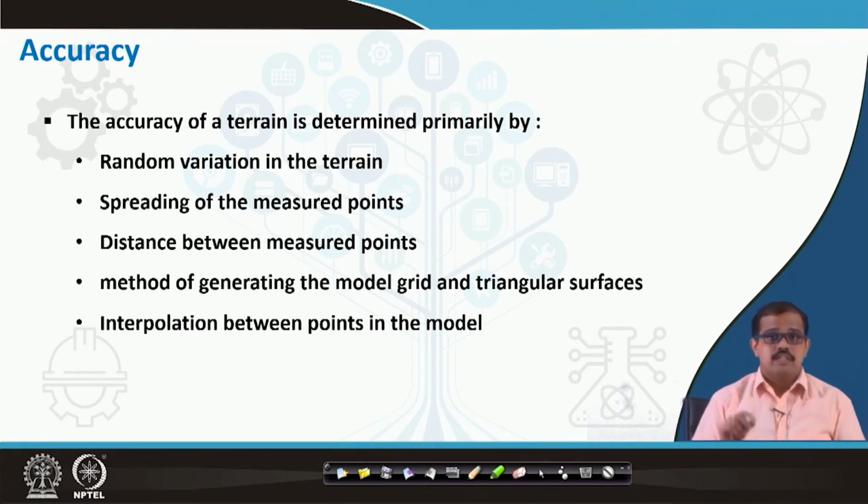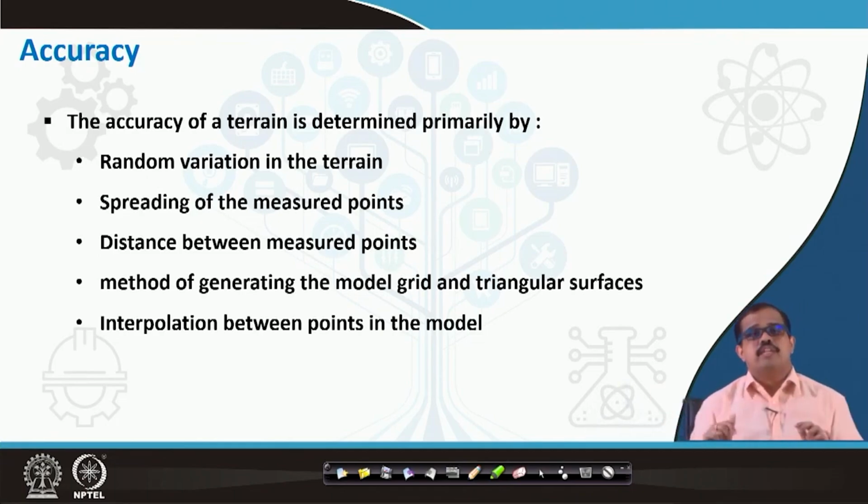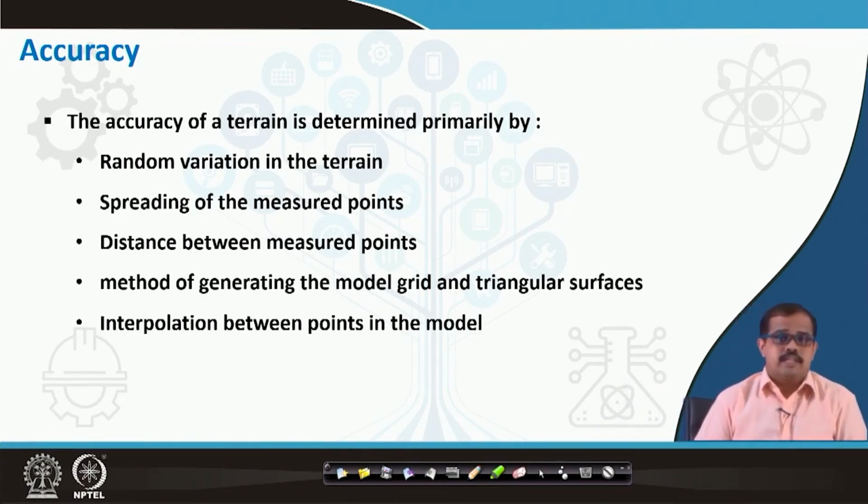That is what people have to look at. You should have a lot of measured points, so that you know how the spreading has happened and you understand the whole terrain. Otherwise you do not know the terrain characteristics at all. Then the distance between the measured points: as I said, if the distance between the measured points is smaller, then it is a better polygon than larger-distance polygons when you are developing a model. Then the method of generating the model, grid and triangular surfaces. The way it has been developed and stored is extremely important.